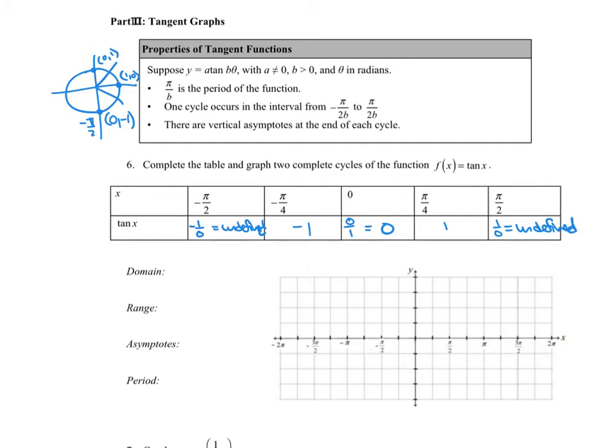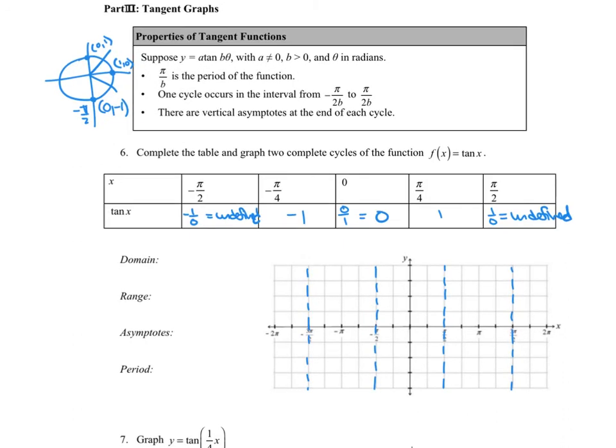Okay, so where this graph is undefined, we're going to have vertical asymptotes. So at negative pi over 2, we're going to draw a vertical asymptote. At pi over 2, we're going to draw a vertical asymptote. This tangent is also undefined at 3 pi over 2, at negative 3 pi over 2, and every time you add pi, so 5 pi over 2, 7 pi over 2, and so on, you're going to have a vertical asymptote.